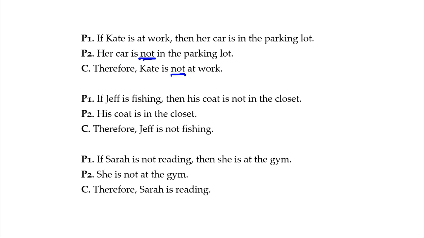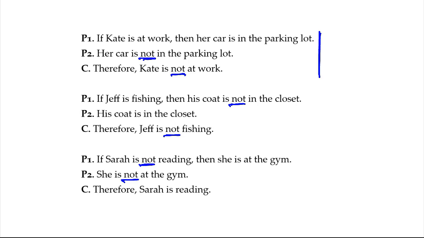In the second argument, there's a not here, and then a not here, and then in the third, there's a not here and a not here. Okay, so the not shows up in different places, but they're still all modus tollens, and they're still all valid arguments. So maybe you want to now figure out for yourself why they're all modus tollens. Okay, or I'll just go through these myself.